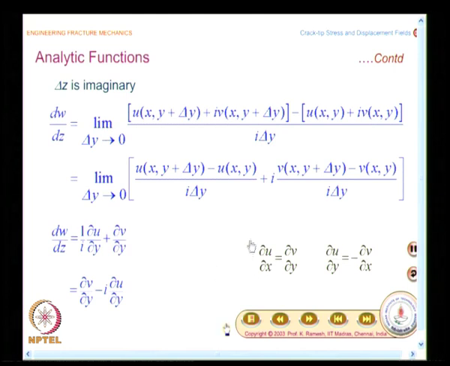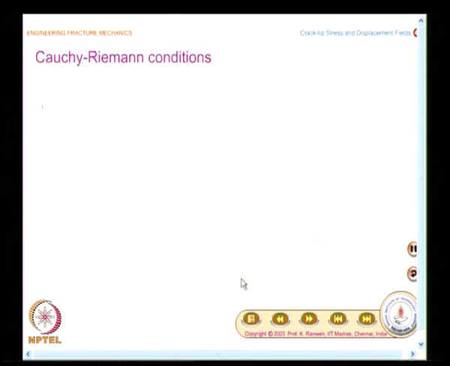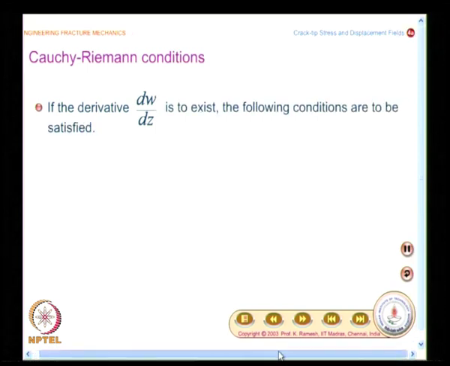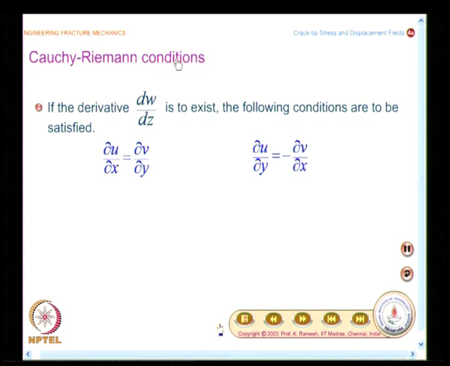So, there has to be some kind of an interrelationship between the partial derivatives, and this is what is summarized in the next slide. These are famously known as the Cauchy-Riemann conditions.